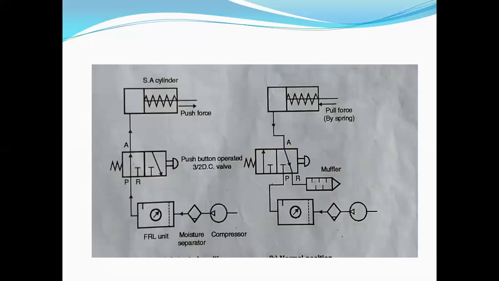So it is necessary to store the air in the tank for some limited time so that the temperature of the compressed air comes down to the normal atmospheric level. So it is stored in the tank to lower the temperature.